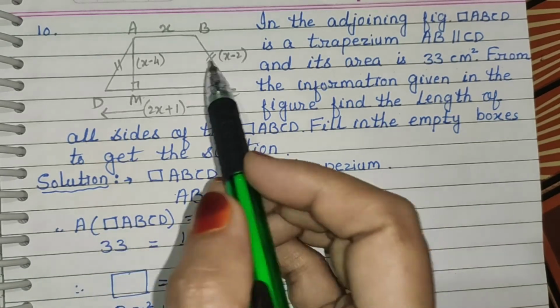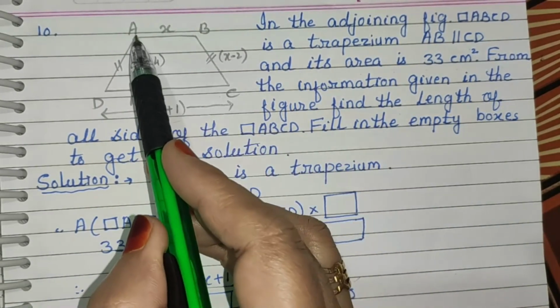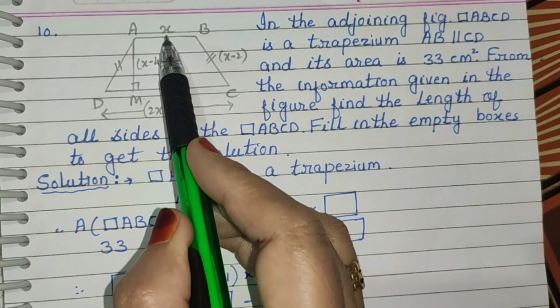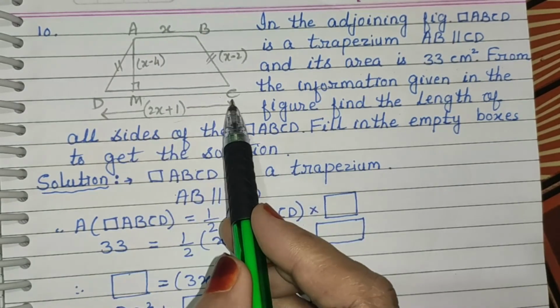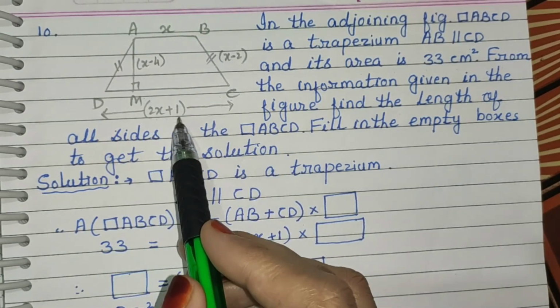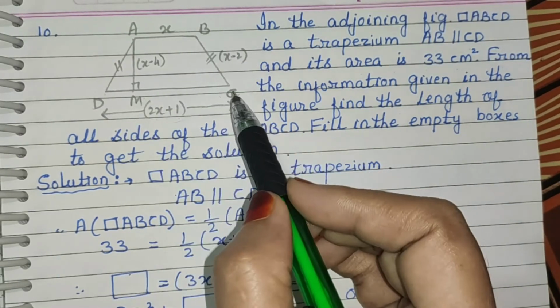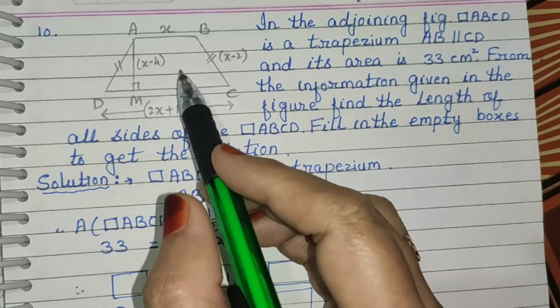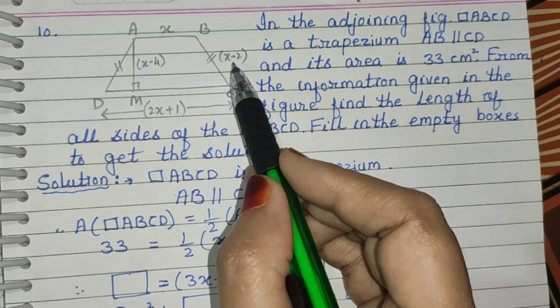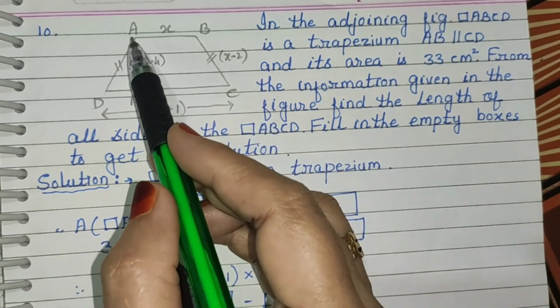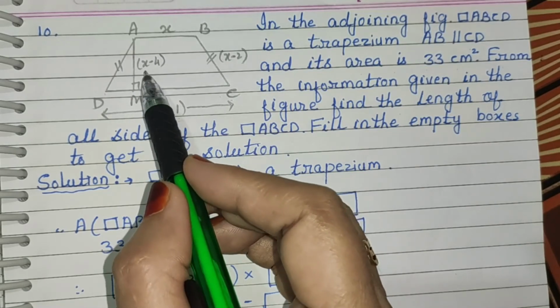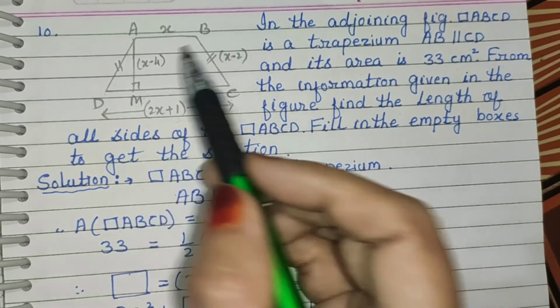Now here, look at the figure carefully. The value of AB is x and length of CD is 2x plus 1. Here AD and BC are x minus 2 and the length of AM is x minus 4.